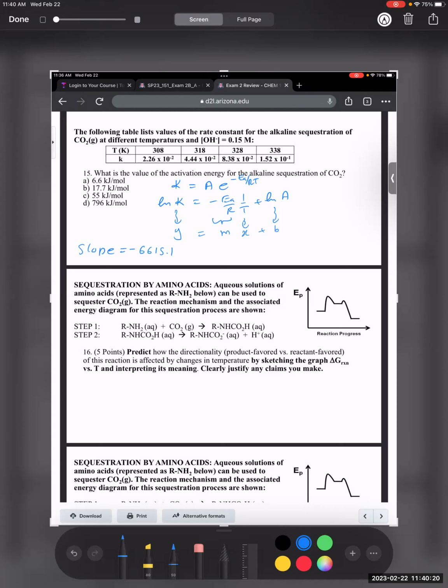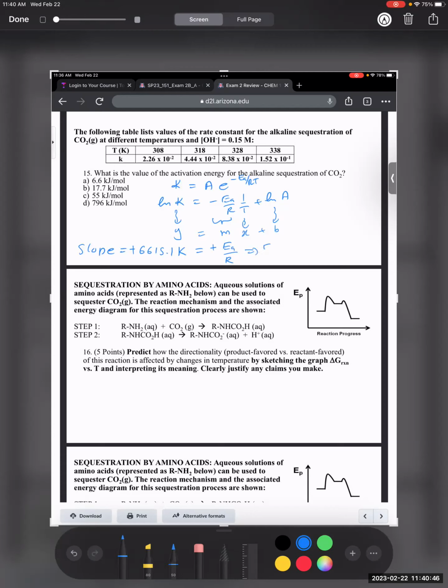Okay, so with 1 over T, delta Y divided by delta X, we should have temperature for units. And this is equal to minus activation energy over R. So the minus cancels out to be plus.